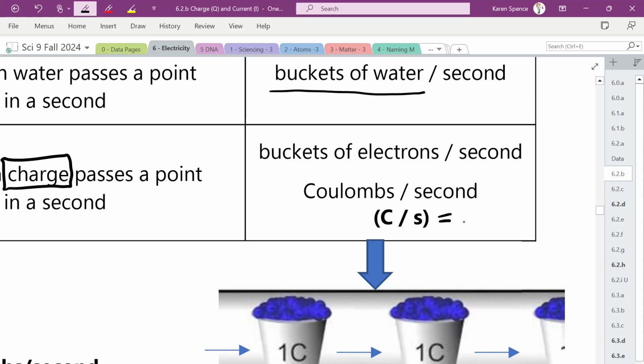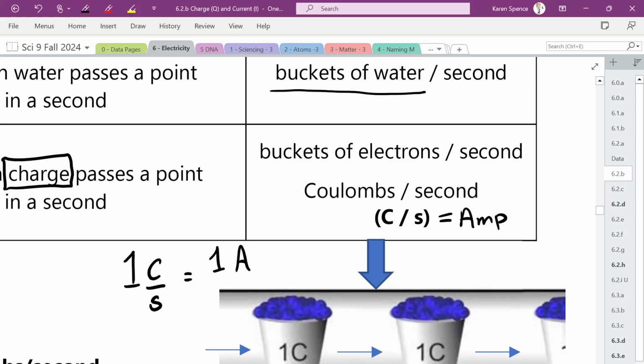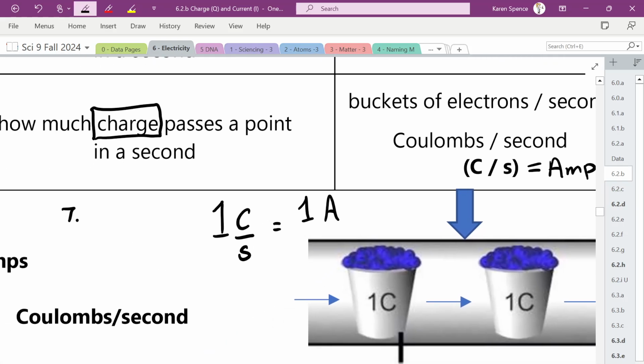What is a coulomb per second equal to? An amp. A coulomb per second is an amp. So 1 coulomb per second is equal to 1 amp. If we had 7.3 coulombs per second, that would be 7.3 amps.